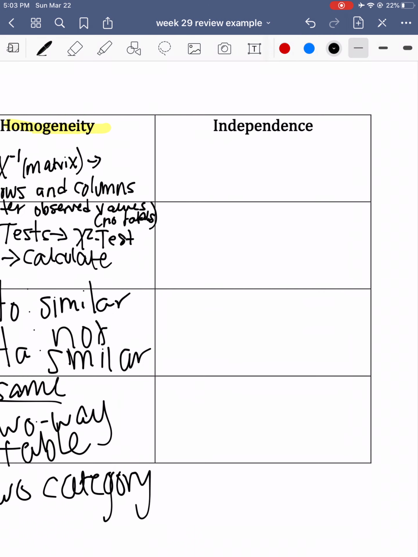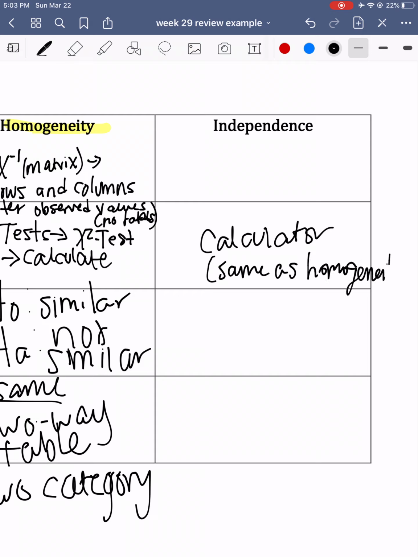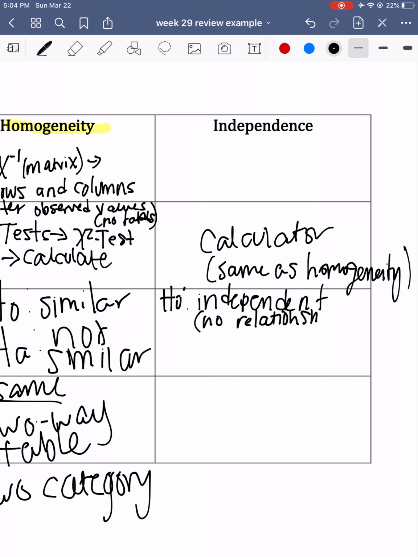Then for when we have independence, again, we find this using our calculator, same as homogeneity. Our hypotheses you can write in multiple ways. Specifically in terms of independence, the null is that whatever your categories are, they are independent of each other, in the sense that there's no relationship or no association going on.